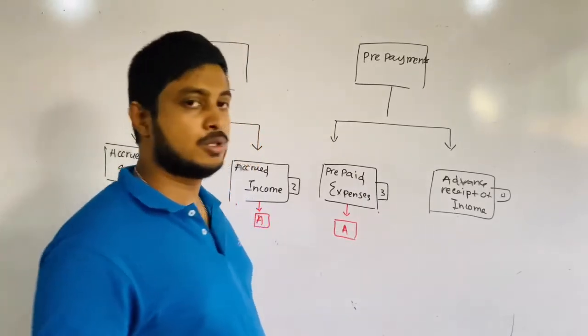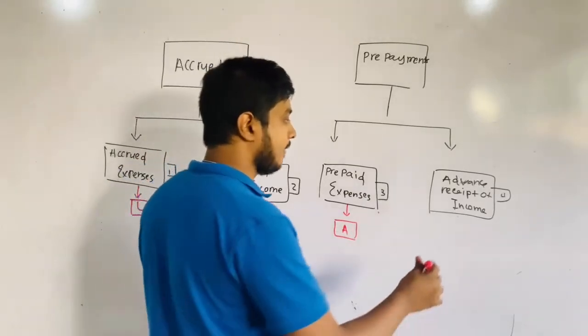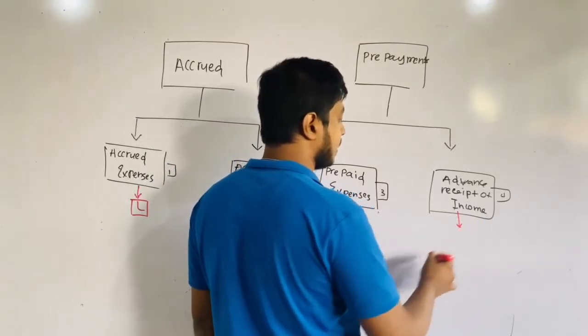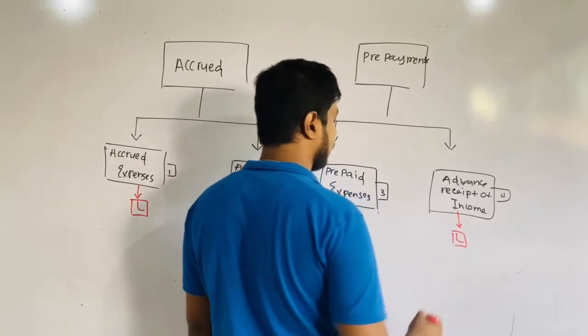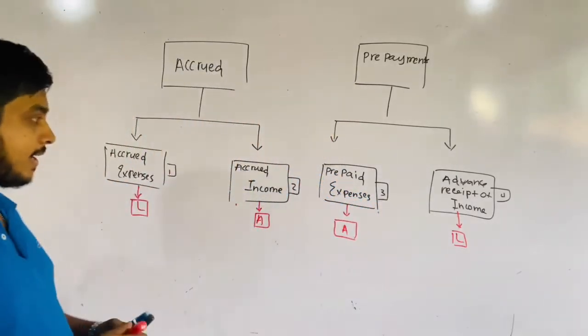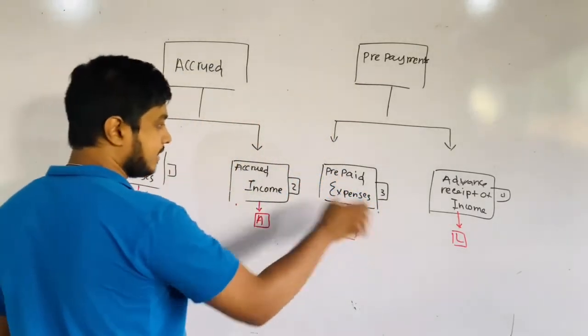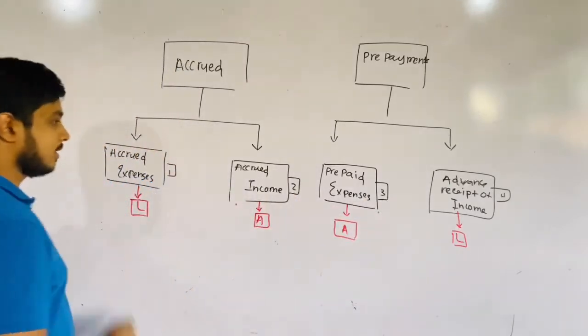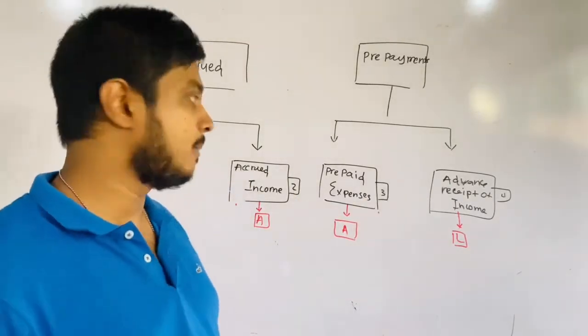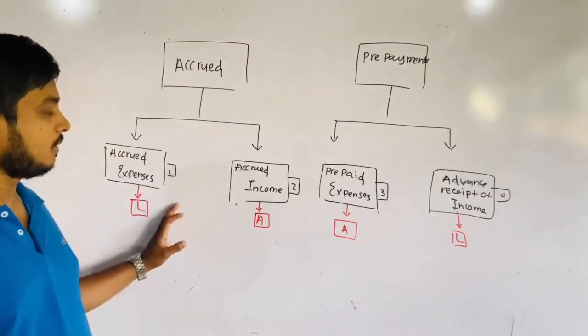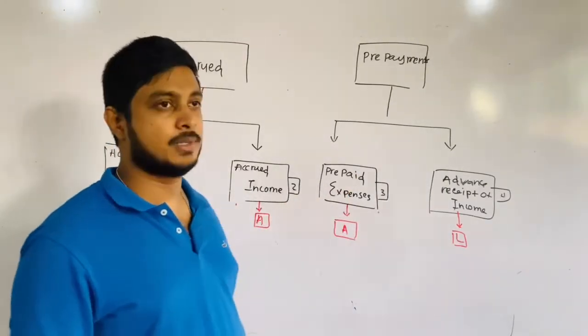And advance receipts can be classified under liabilities. Right. So in this case, these two are assets and these two are liabilities. Let's identify how to write down the double entries for these four adjustments.